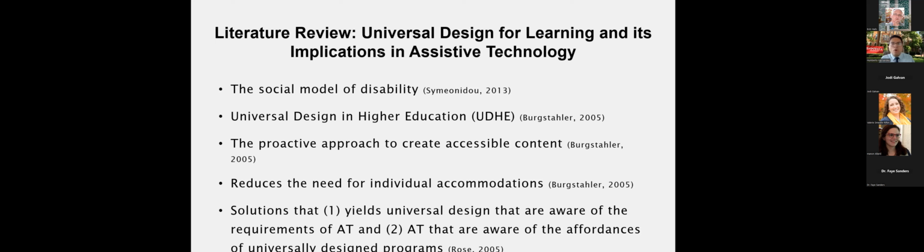So, for example, what the social model of disability says is that what makes a student request the PDF in a screen reader accessible form is not that the student is blind, it is that the course and the PDF were not designed with accessibility in mind. So we're putting the blame not on the student, but on the system, on the assistive technology practices.